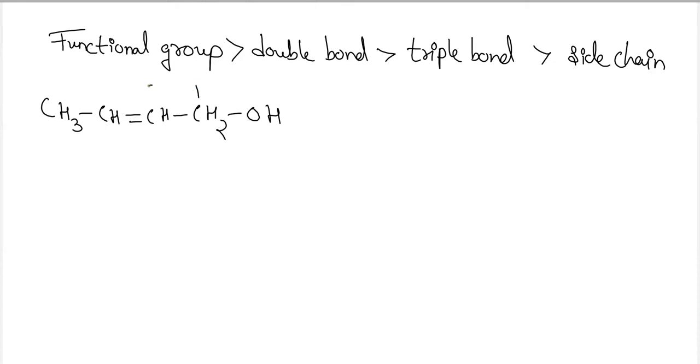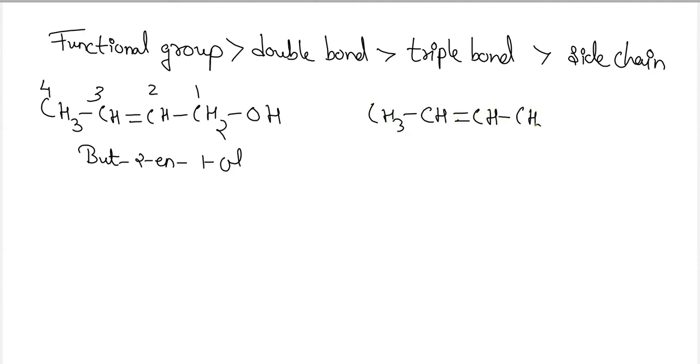So here the numbering will start from the functional group only, and the name of this compound will become but-2-en-1-ol. Okay, but-2-en-1-ol. Now take CH3, CH=CH, CH2, CHO. So here also the numbering will start from the functional group carbon only, and the name of this compound will become pent-3-en-1-al.